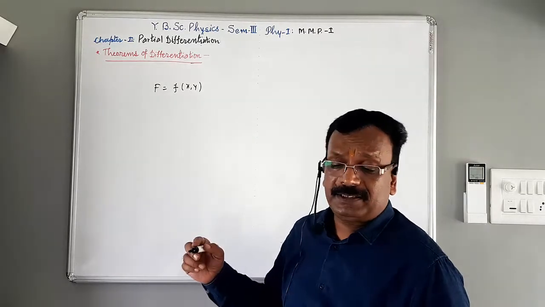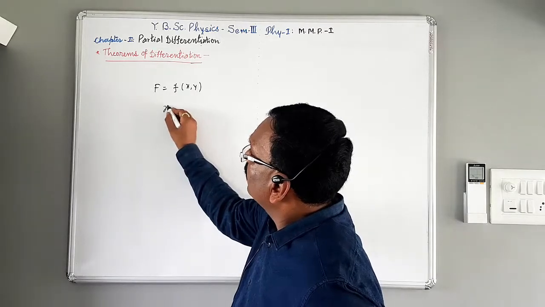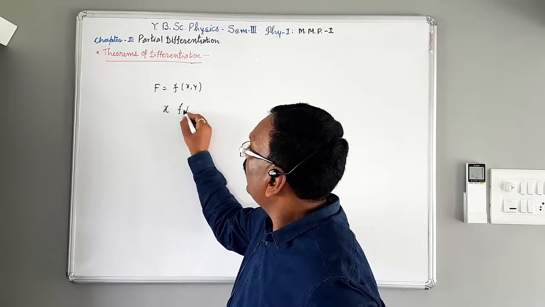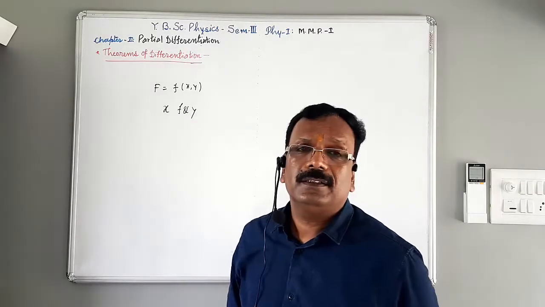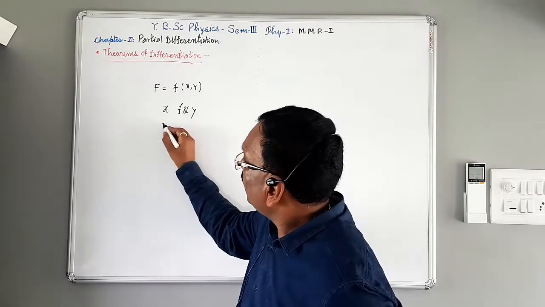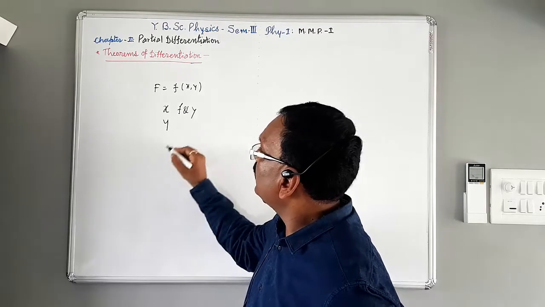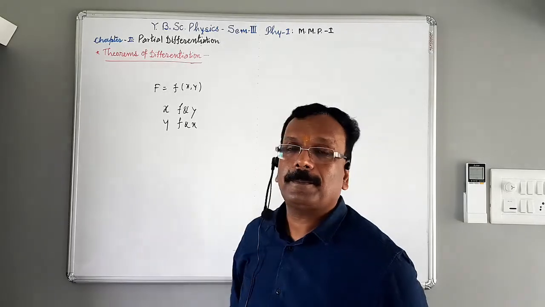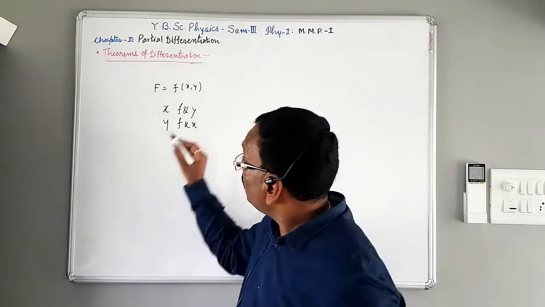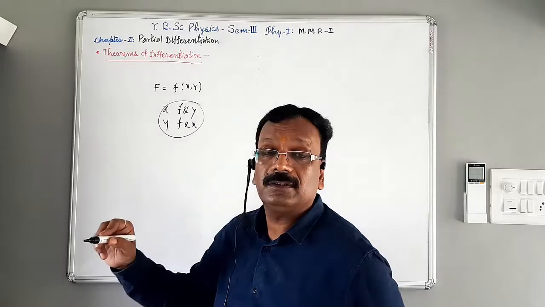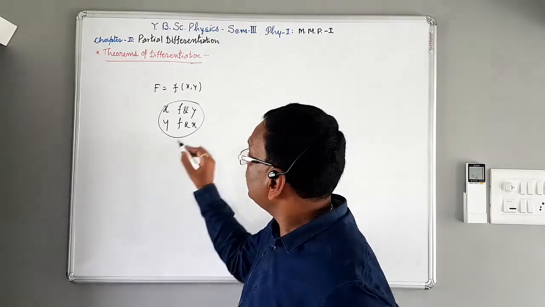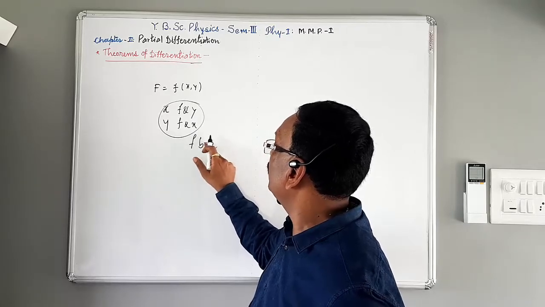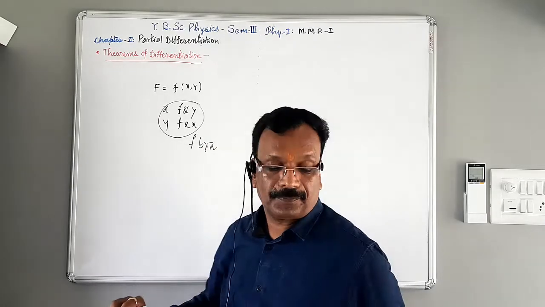We can express x as a function of f and y, or we can express y as a function of f and x. To emphasize this point, we are going to replace f by z.